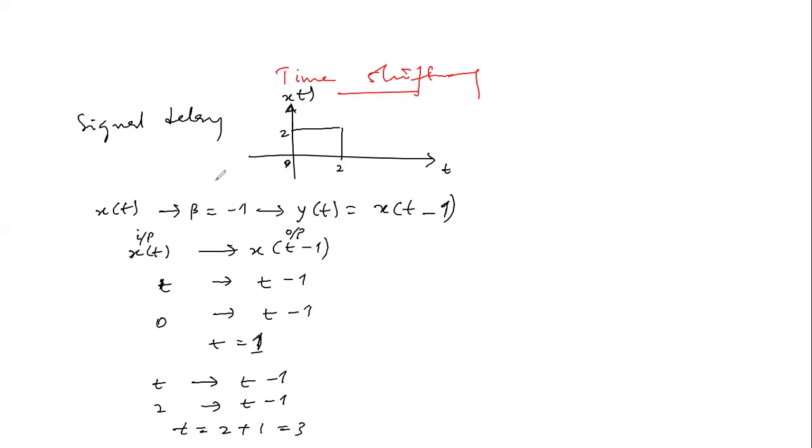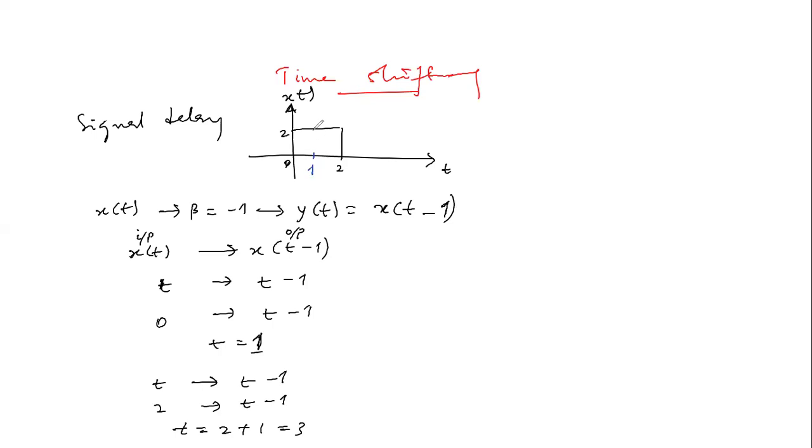So it means that when we transmitted this signal at time t equal to 0, the signal experienced a delay to time t equal to 1.